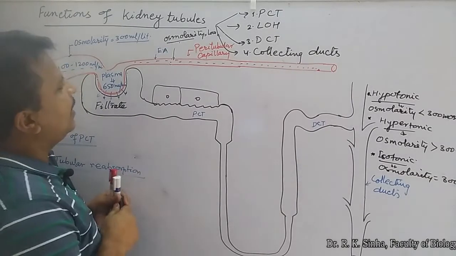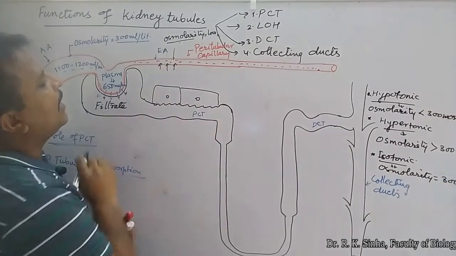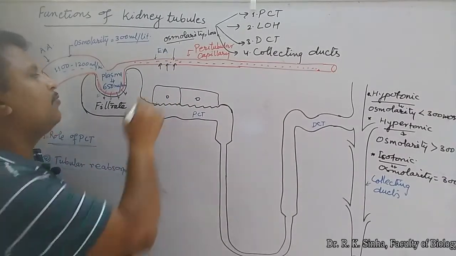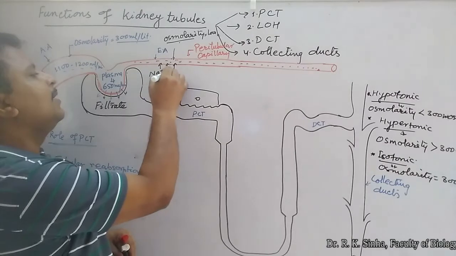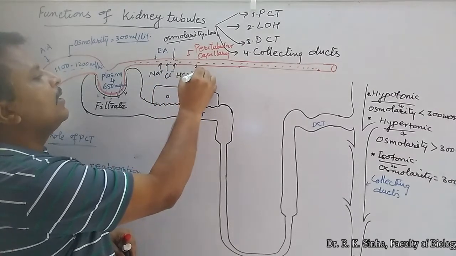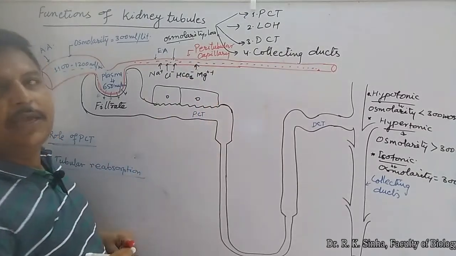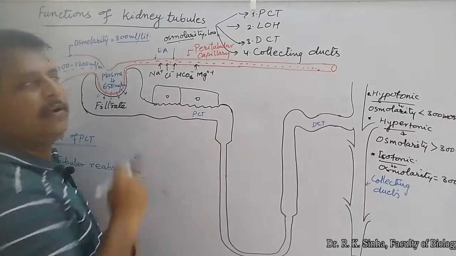Now what will happen? To maintain this osmolarity, the peritubular capillaries will reabsorb Na plus, Cl minus, HCO3 minus, Mg++ like this from the interstitium, from the tissue fluid.